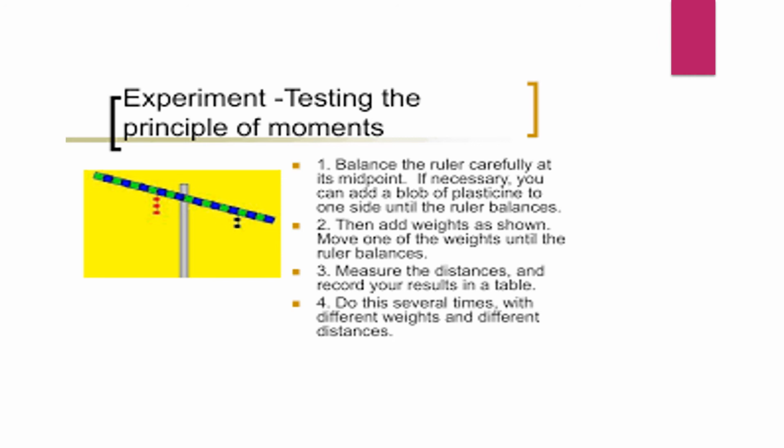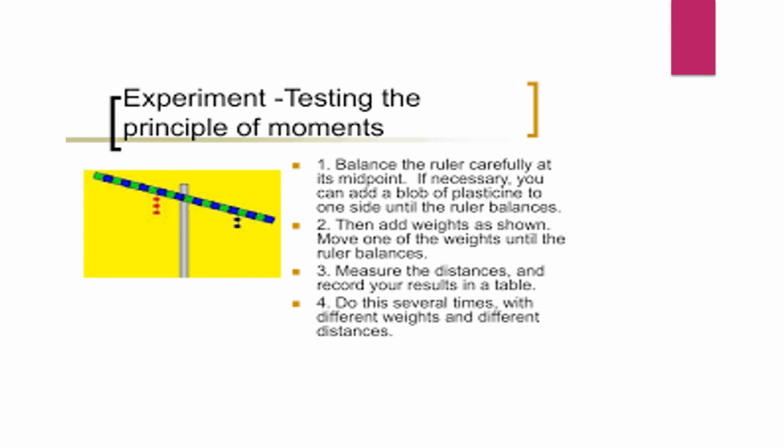If necessary, you can add plastic, rubber, or anything to bond the ruler with the object. Then you add the weights as shown in the figure.